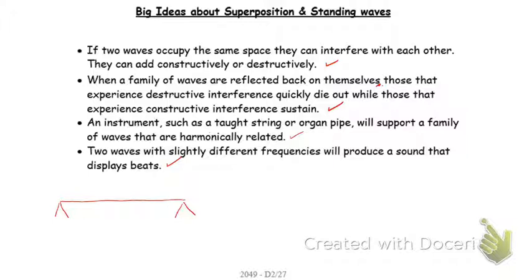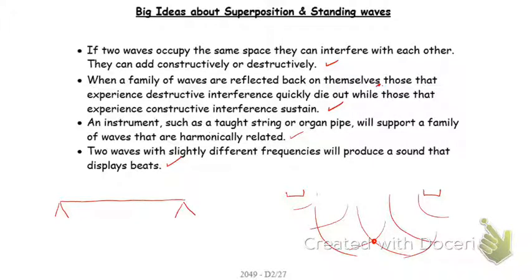The other manifestation is where you get two speakers, and there are waves coming out from one speaker and waves coming out from the other speaker. Depending upon where you are relative to the two speakers, you may find that the crests or the compressions always arrive at the same time.